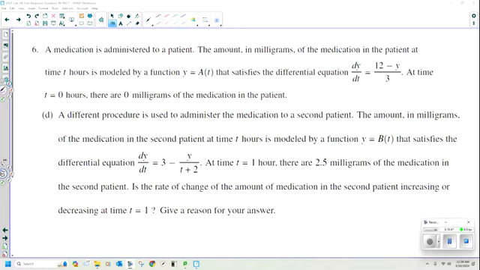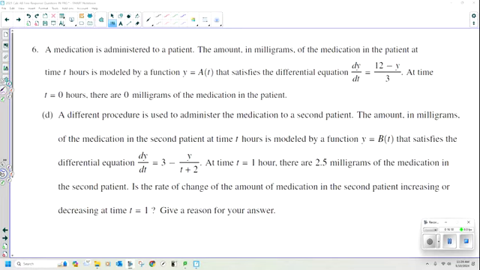D reads, a different procedure is used to administer the medication to a second patient. The amount in milligrams of the medication in the second patient at time t hours is modeled by a function y equals B of t that satisfies the differential equation dy/dt equals 3 minus y over t plus 2.